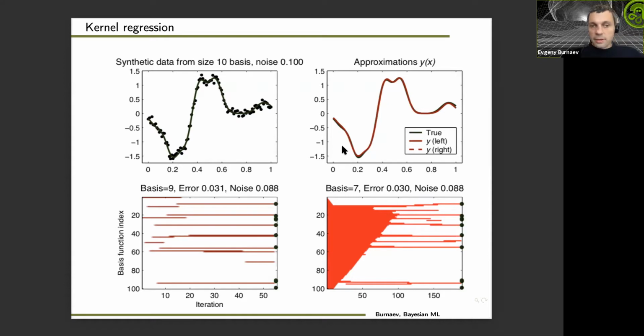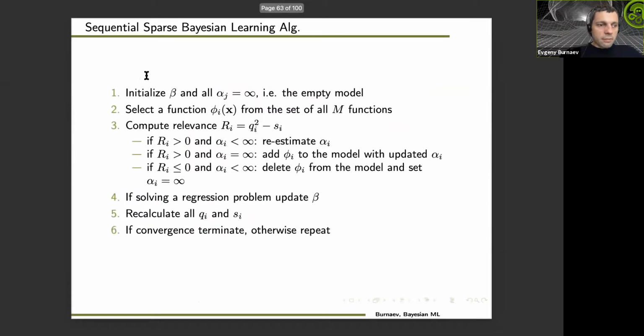And actually, we can consider different versions of the algorithm. In the original version of the algorithm, I start from the empty model, so all basis functions are deleted from the model.